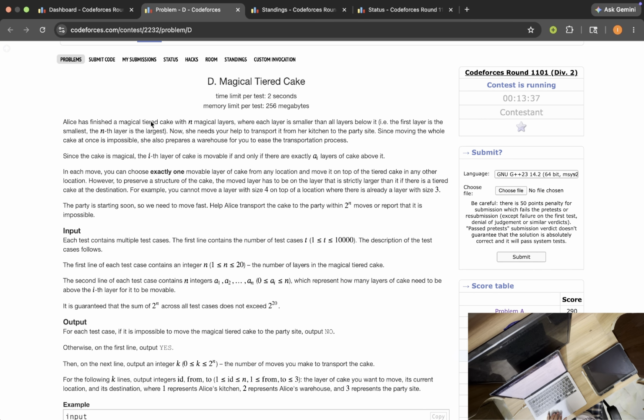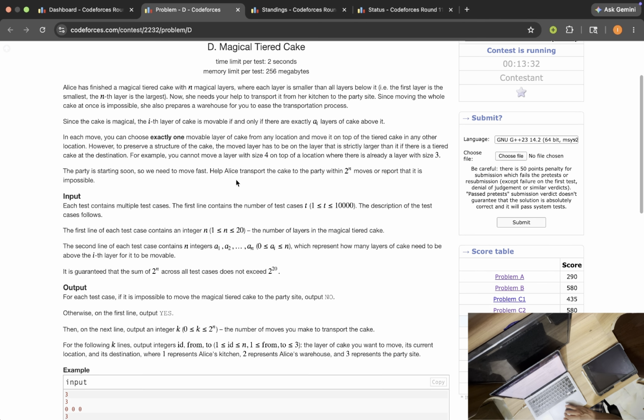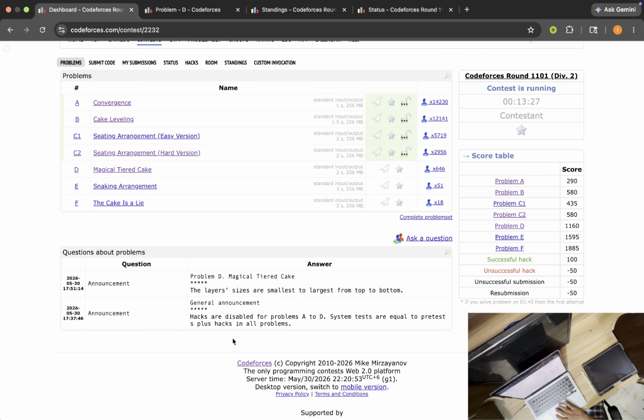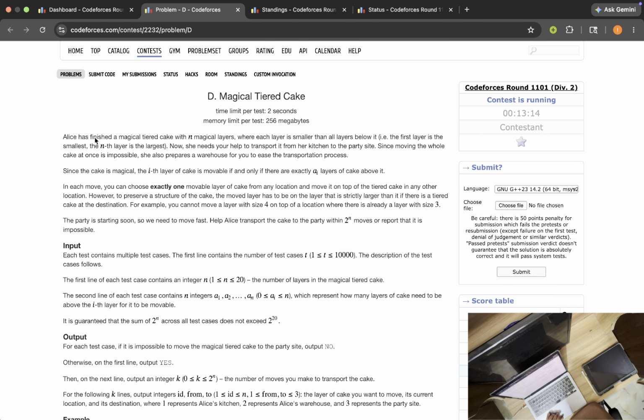Alisa finished a magical tiered cake with n magical layers where each layer is smaller than all layers below.